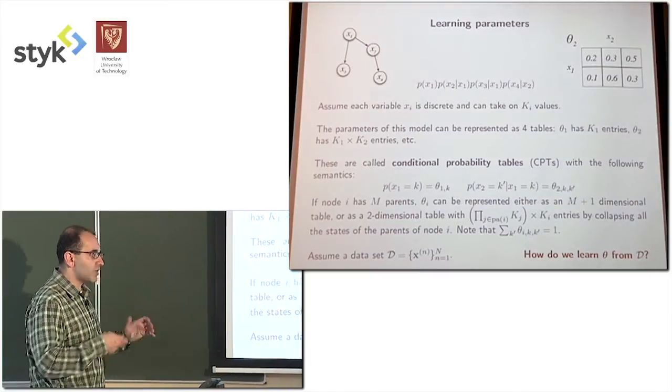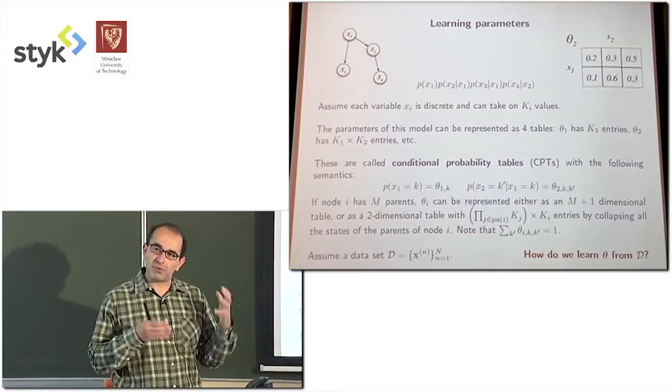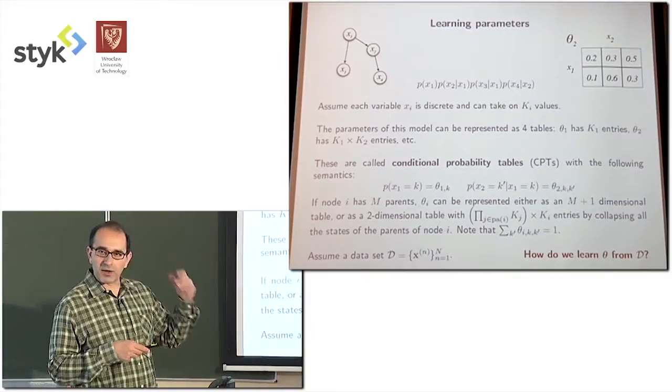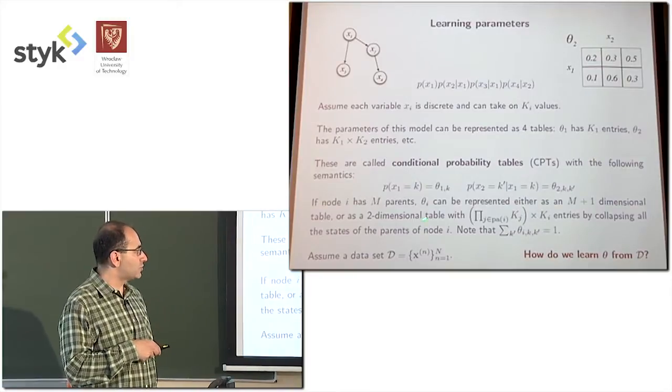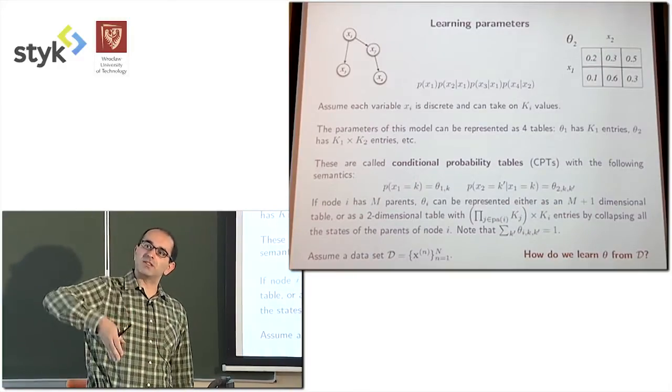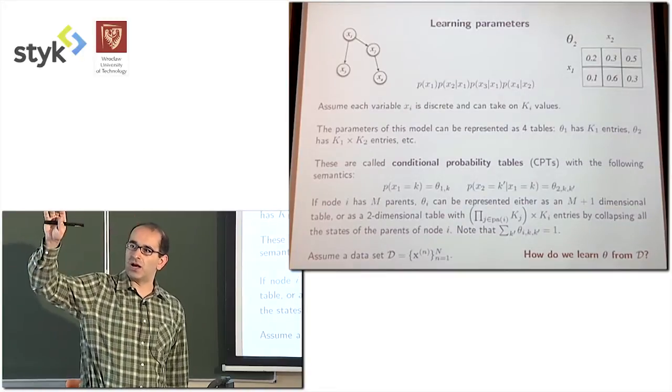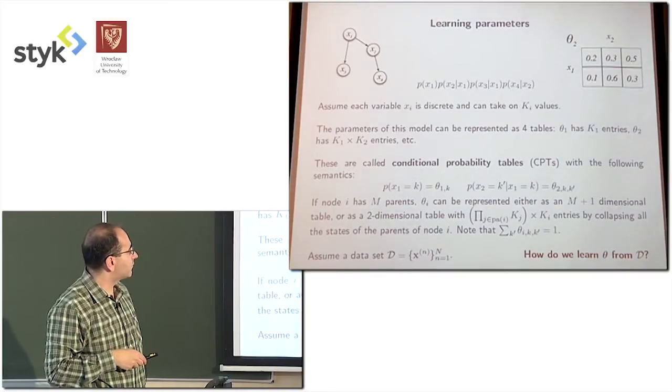But we can always collapse all of the settings of the parents into one super variable so that the tables are all 2-dimensional tables, where all the possible settings of the parents are on one side and all the possible settings of the child are on the other side.